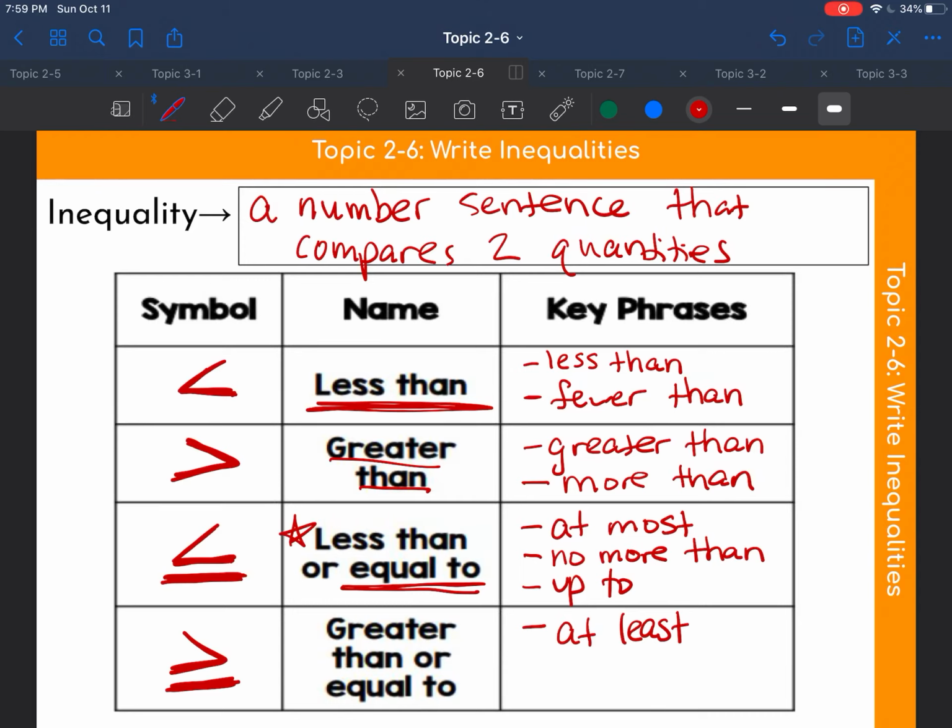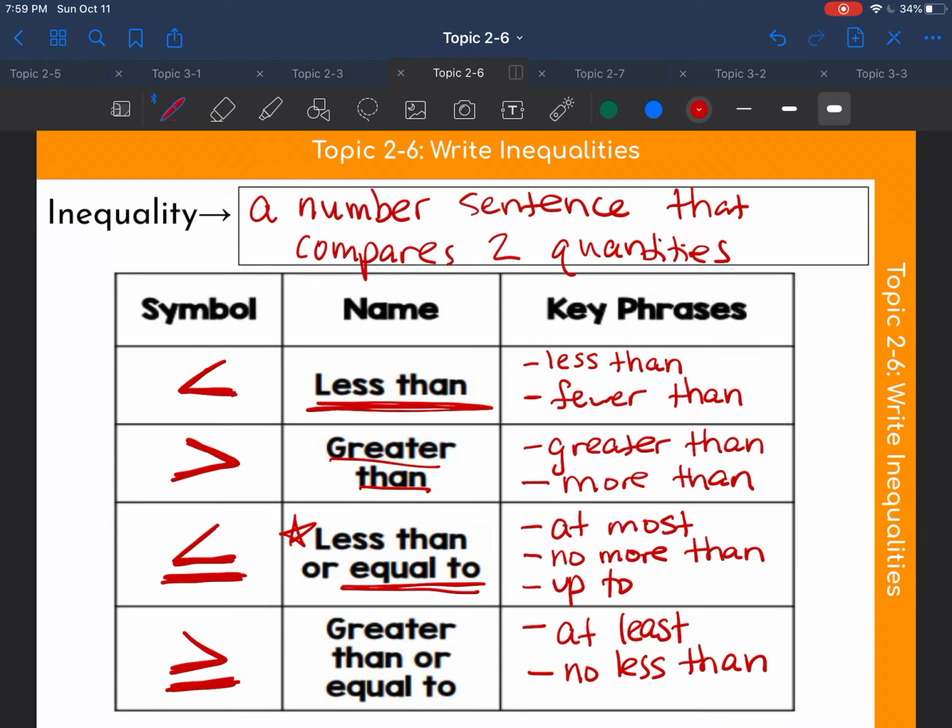You have to be at least 5 feet, so 5 feet or above. Another phrase, instead of no more than, is no less than. You can be no less than 5 feet to ride this ride, which means you can be 5 feet or more, but you cannot be less than 5 feet.